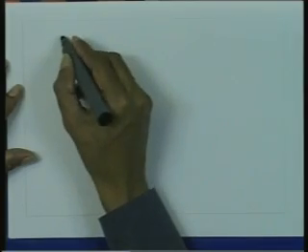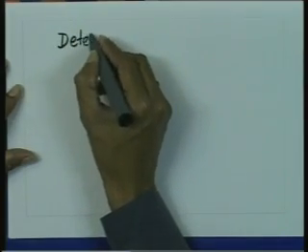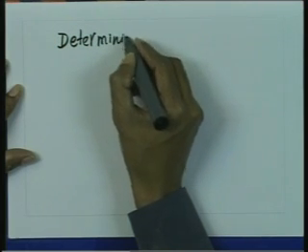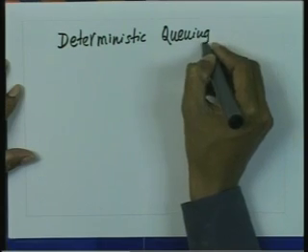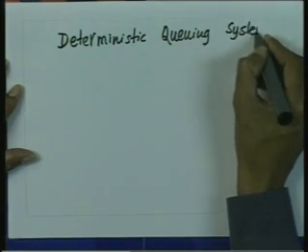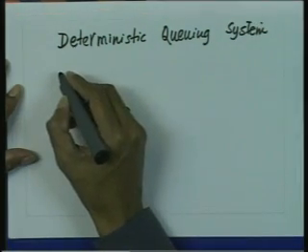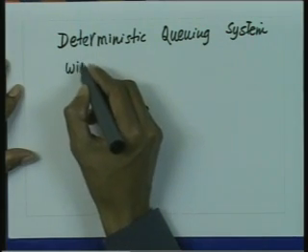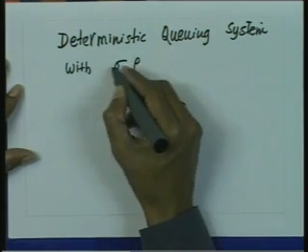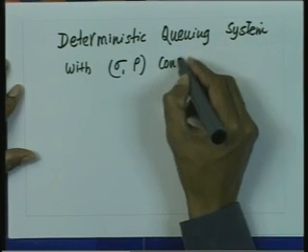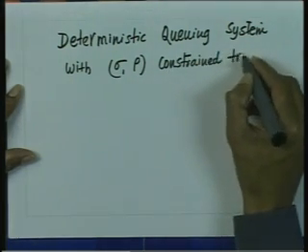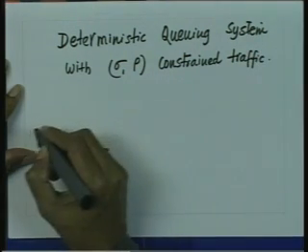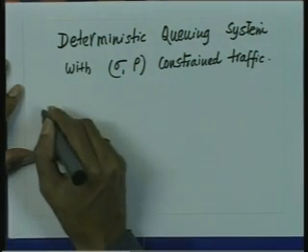Okay, so I should say here: characterization of the deterministic queuing system with sigma-rho constrained traffic. Okay, so two things we want to prove here.